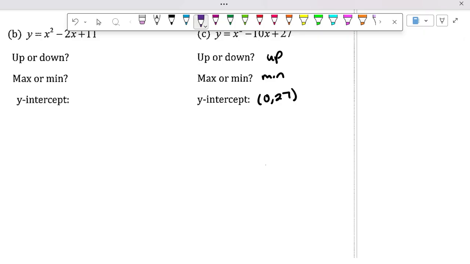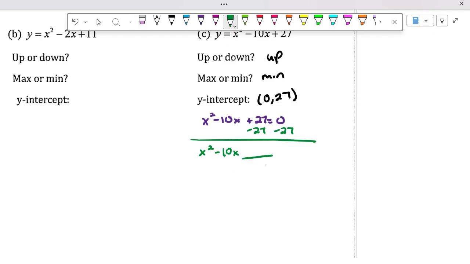Right, so if I first set this equal to 0, you would subtract 27 to both sides. So I get x squared minus 10x, leave a space, is equal to negative 27.